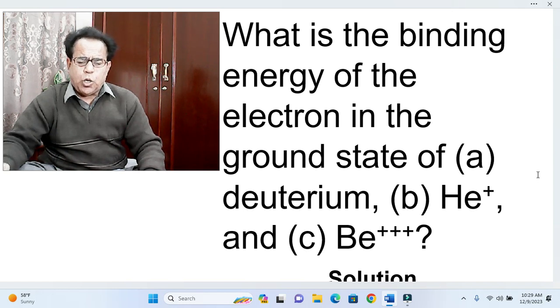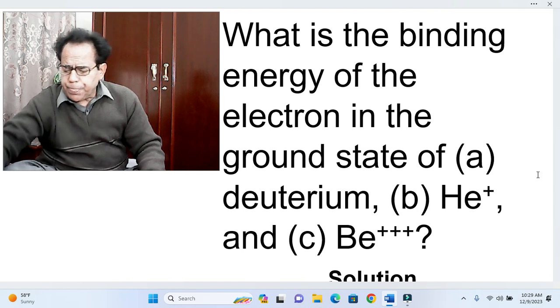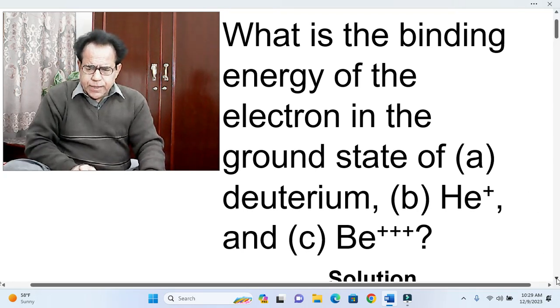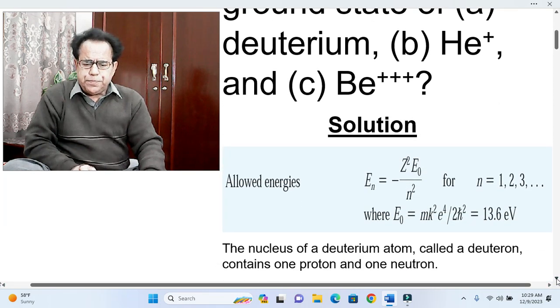Second is deuteron, in which there is one proton and one neutron. And third is tritium, in which there is one proton and two neutrons. Anyhow, this is not our basic concern. Now we are going to solve this problem.